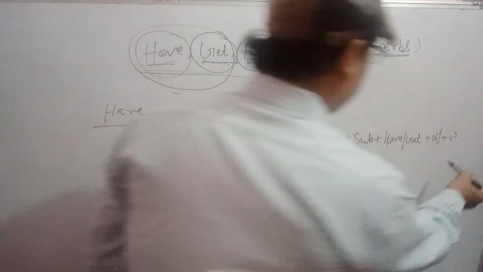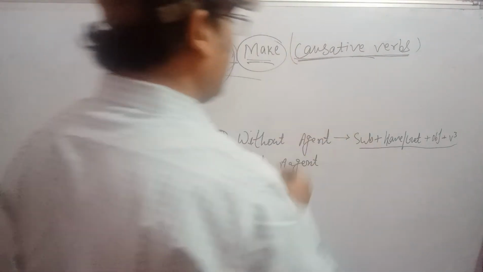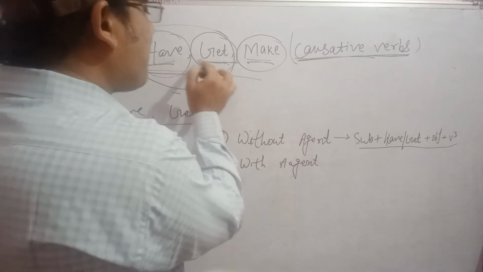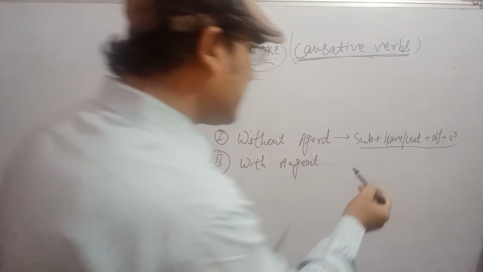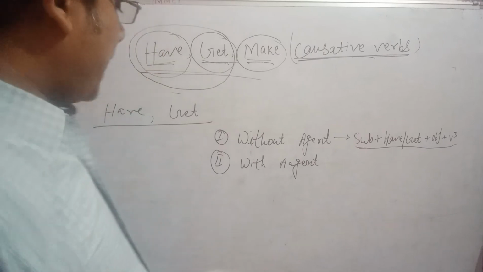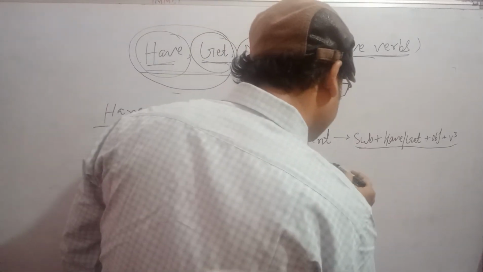This is the structure of the causative verbs have, get, while used without agent.